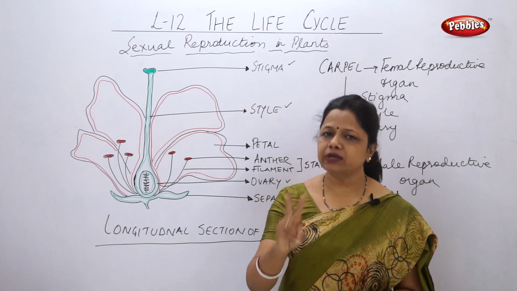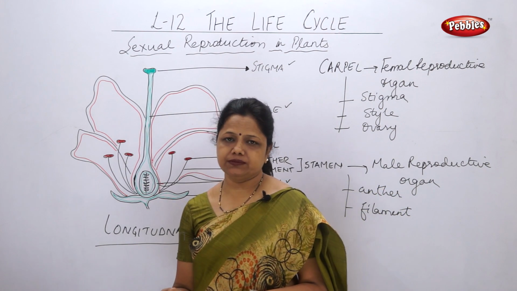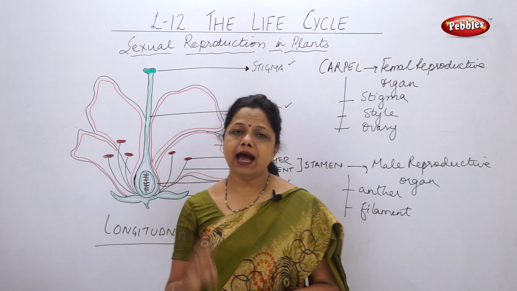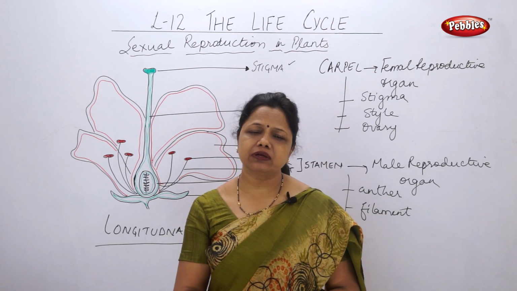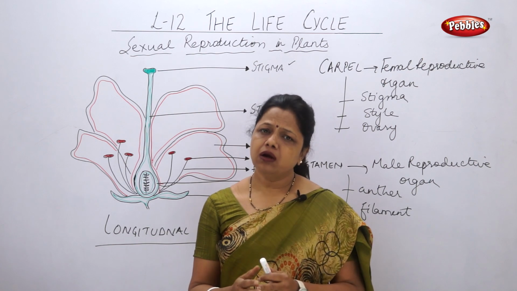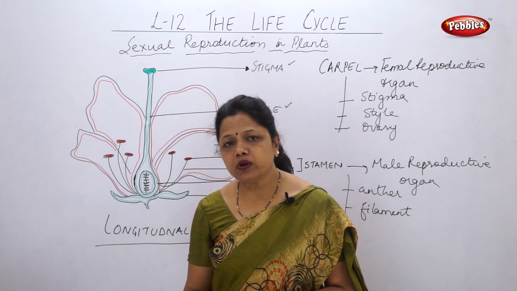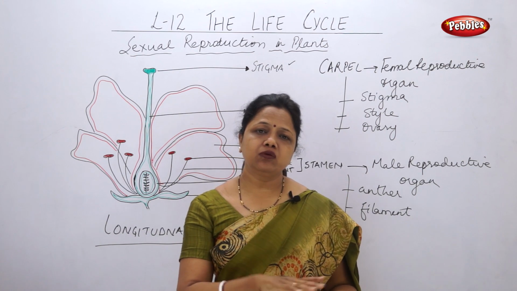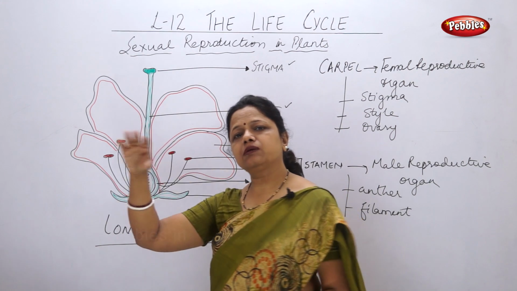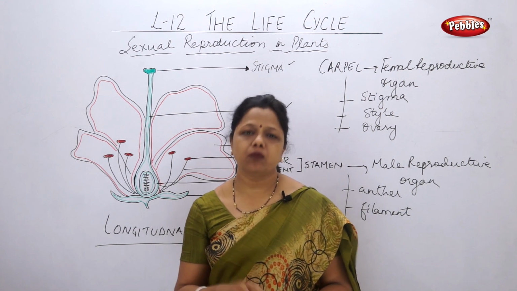So there are two types of pollination, self-pollination and cross-pollination. Self-pollination happens in the same flower from the male to the female reproductive organ, or on different flowers of the same tree. But cross-pollination happens when a pollen grain, due to some reasons, goes onto the stigma of some other flower and gets pollinated.